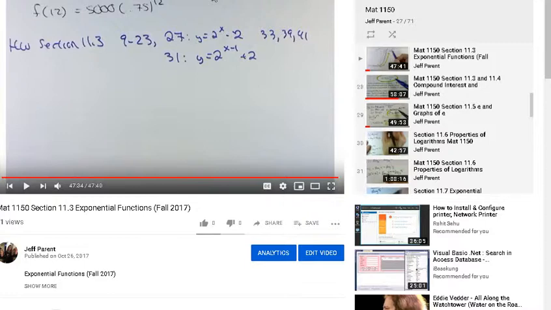Let's deal with the graph of e to the x. So there's two graphs that I have here: 2 to the x and e to the x. The question is, which one is which? One way you could answer it is by doing a little thought experiment and plotting some points.